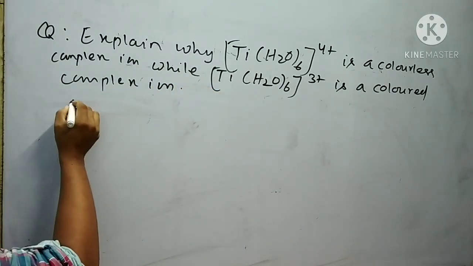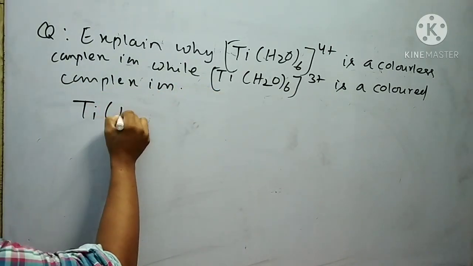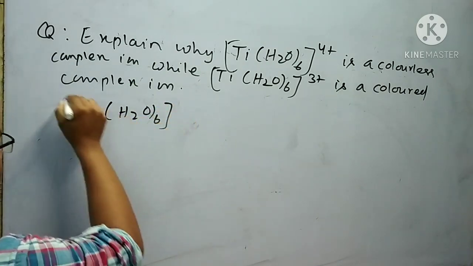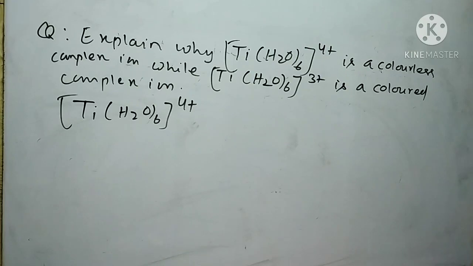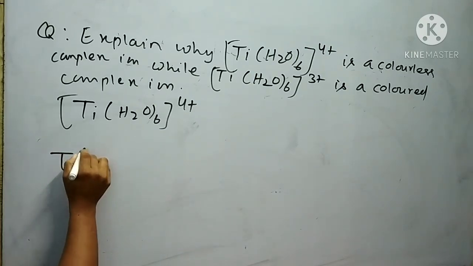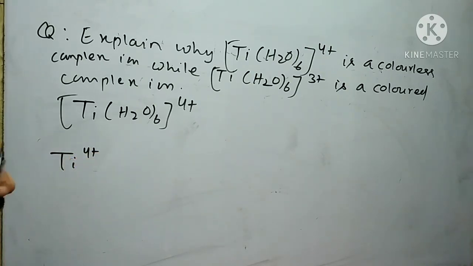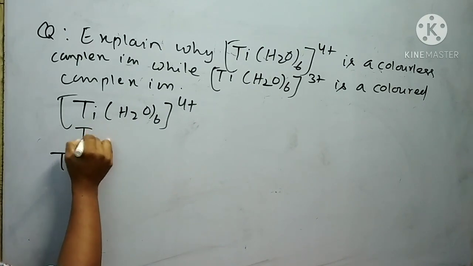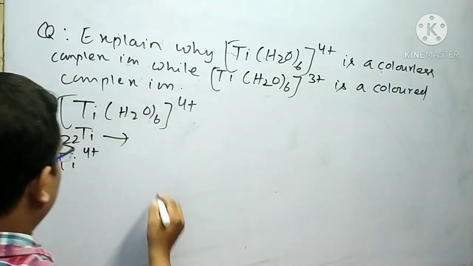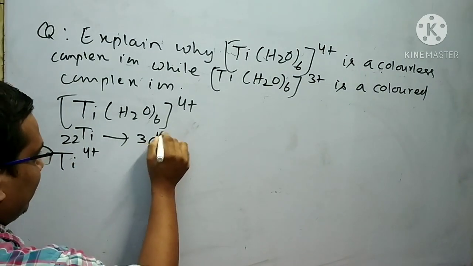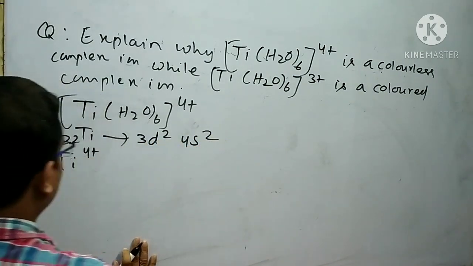If you think about the complex ion [Ti(H2O)6]4+, in this case the titanium exhibits 4+ oxidation state. We know that the atomic number of titanium is 22. The electronic configuration of titanium is 3d2 4s2.